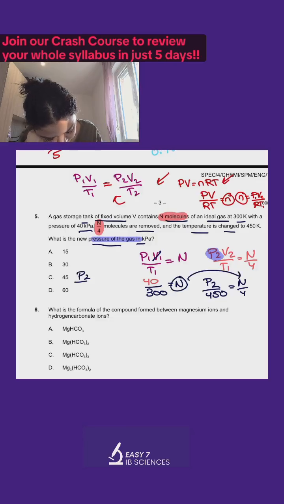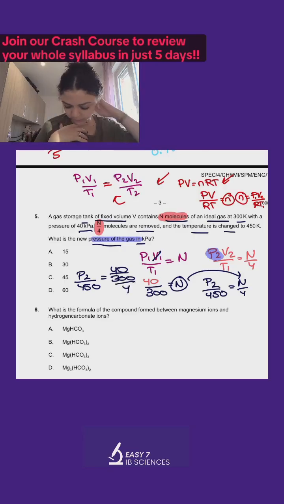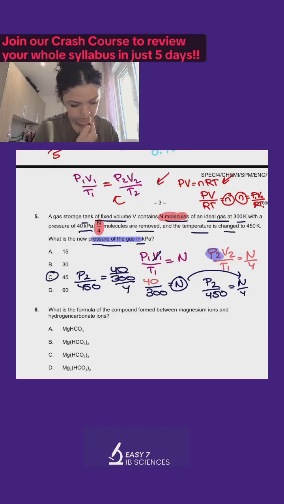So P2 is equal to 40 over 300, divided by 4, times 450, which should give you a final answer of 45. Does that make sense, everyone?